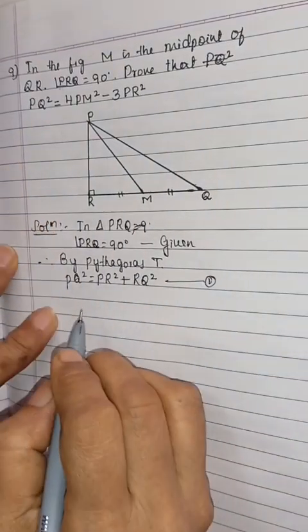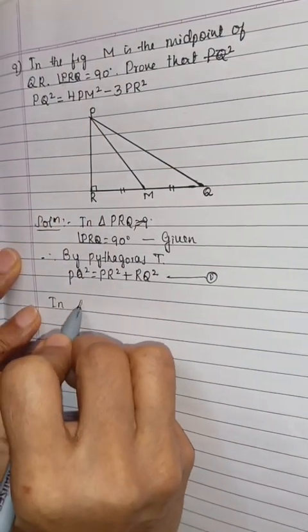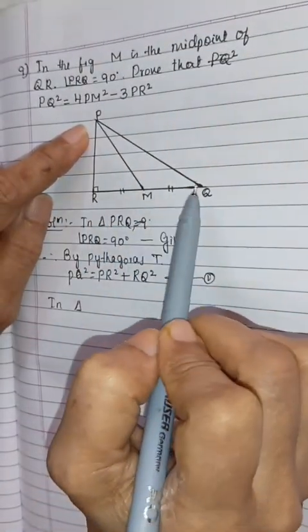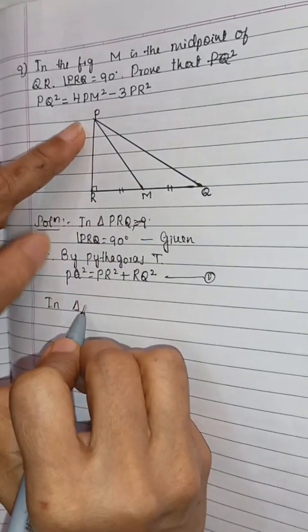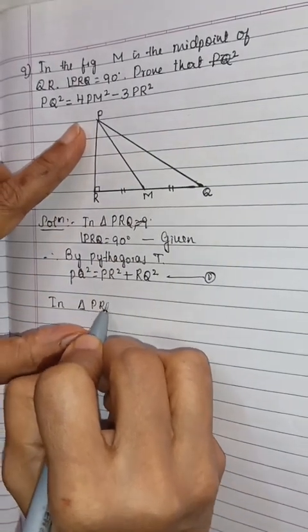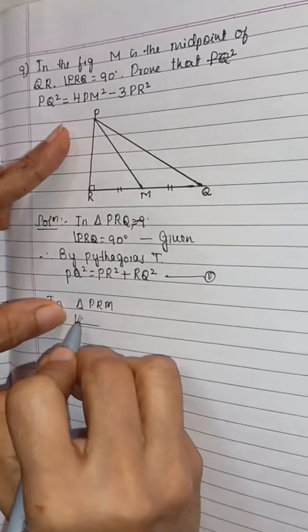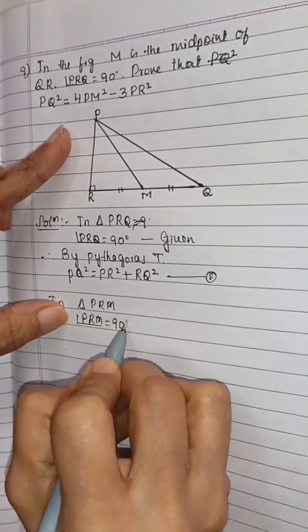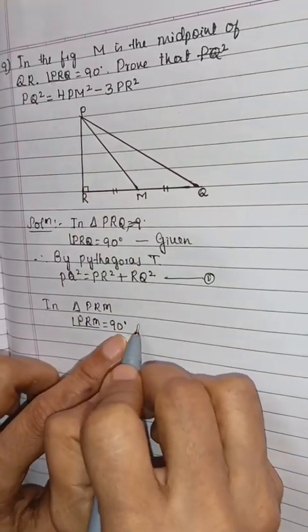Now in triangle PRM, angle PRM is 90 degree. This is also given.